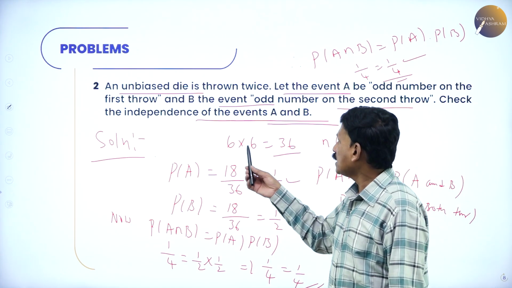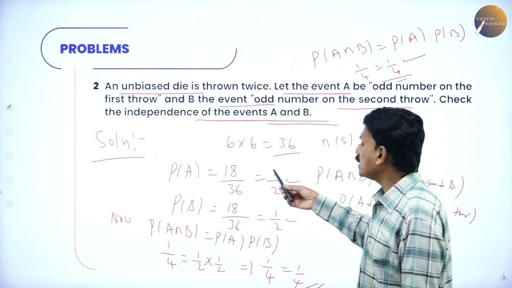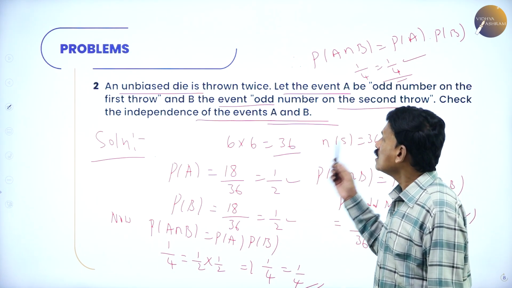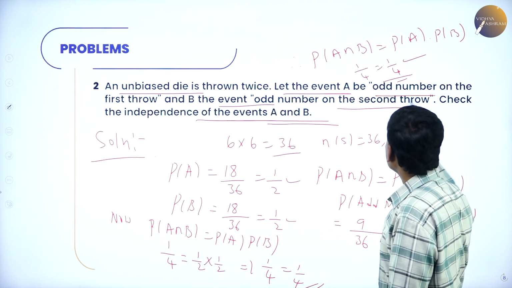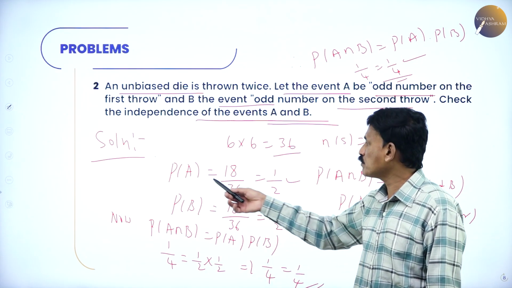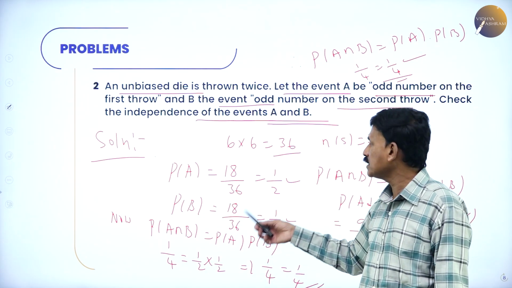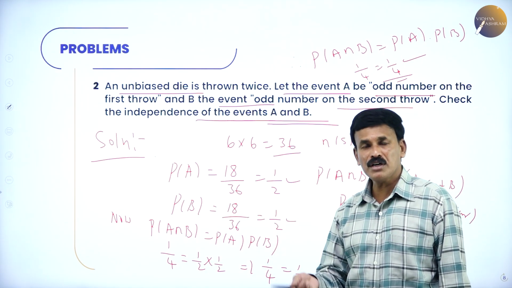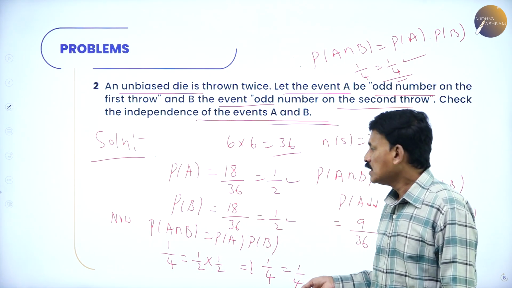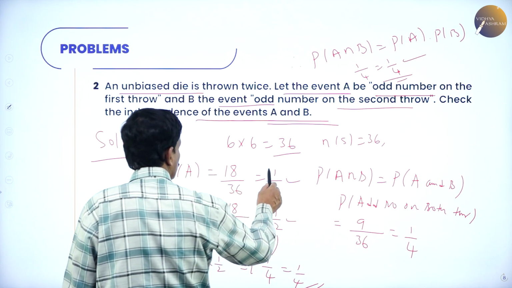See, an unbiased die is thrown twice, then the number of possibilities is 6 into 6, which is 36. An odd number on the first throw is denoted as the probability of A, 18 by 36, which is 1 by 2. Again an odd number on the next throw is the probability of B, 18 by 36, which is 1 by 2.